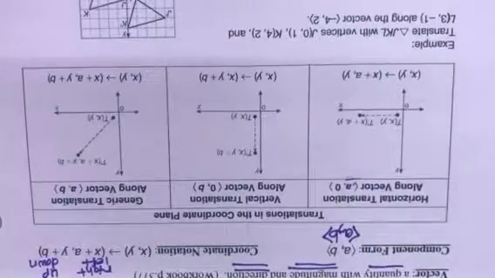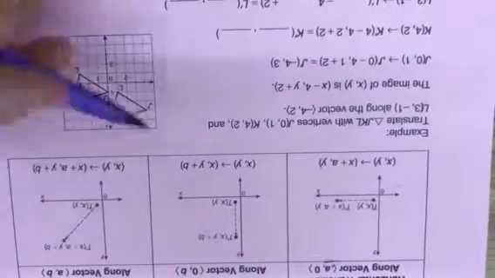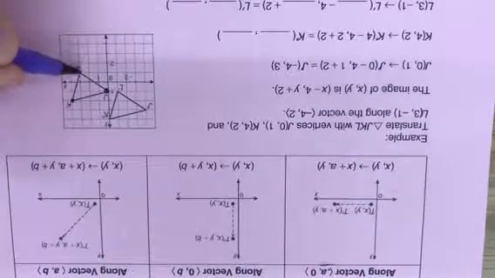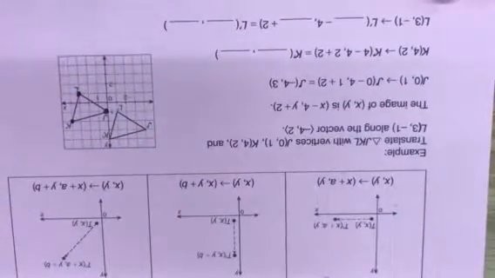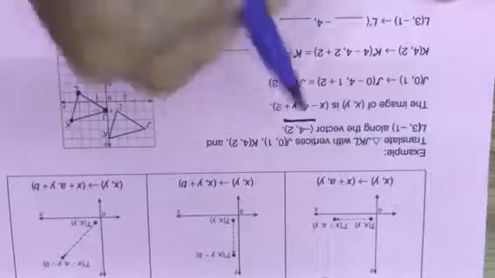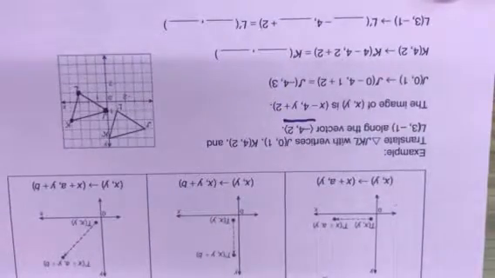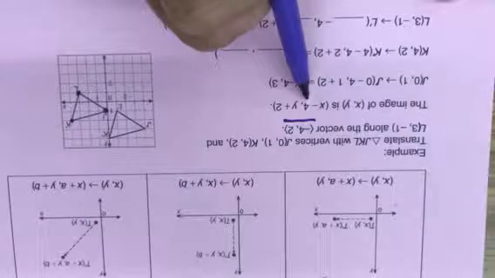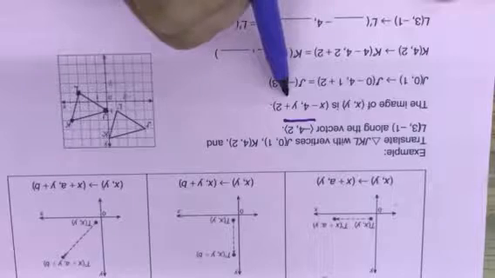Let's say it says I want you to translate a triangle JKL, so this is J, this is K, and this is L. If you want to translate that triangle along the vector <-4, 2>, that's the same thing as taking the image and subtracting 4 for the x direction and adding 2 for the y direction.